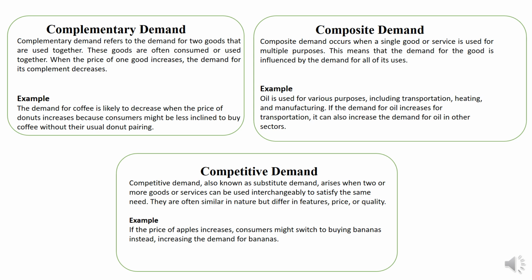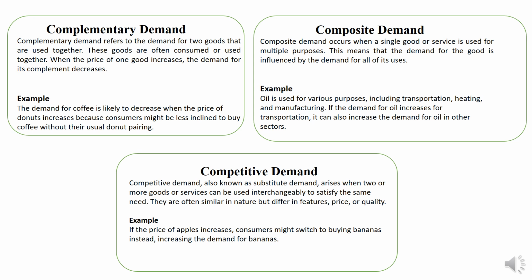What is complementary? We know complementary is when one thing goes with another. Okay, so complementary demand refers to the demand for two goods that are used together. These goods are often consumed or used together. When the price of one good increases, the demand for its complement decreases, right? The best example we can understand is that the demand for coffee is likely to decrease when the price of donuts increases, because consumers might be less inclined to buy coffee without their usual donut pairing, right?